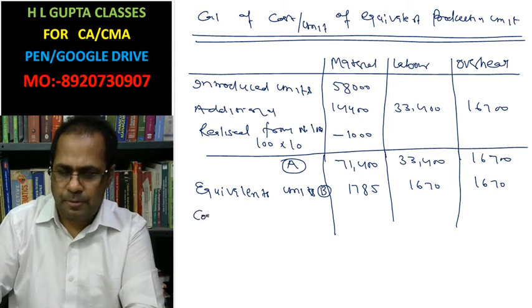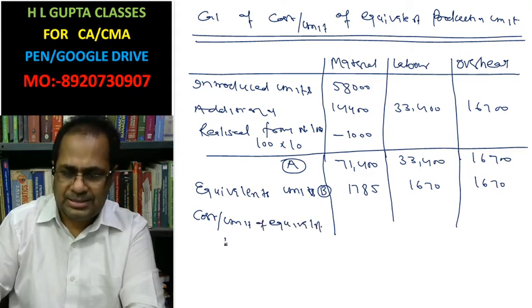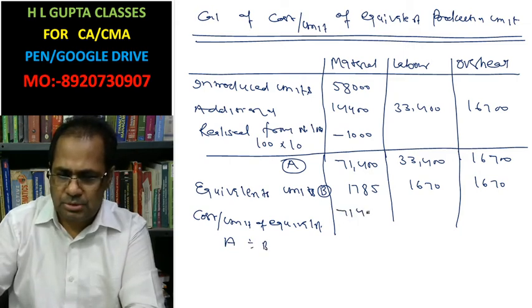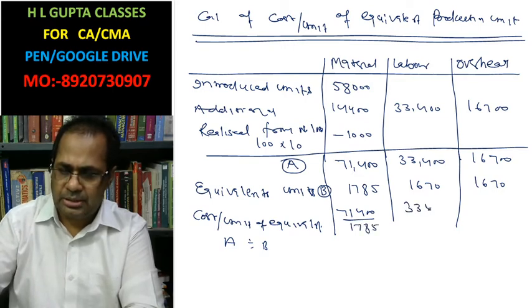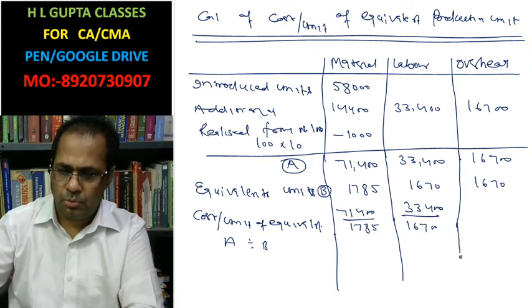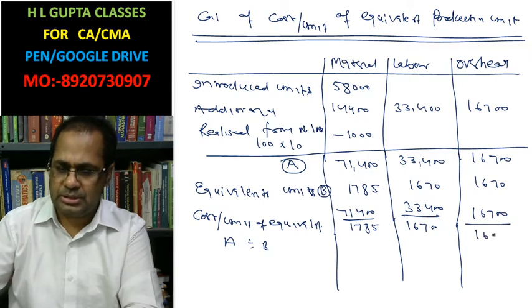Equivalent cost per unit of equivalent is A divided by B. 71,400 divided by 17,850. 33,400 divided by 16,700. 16,700 divided by 16,700.